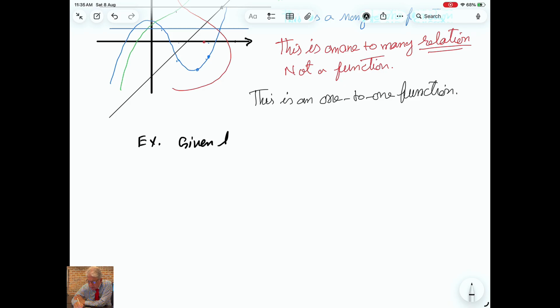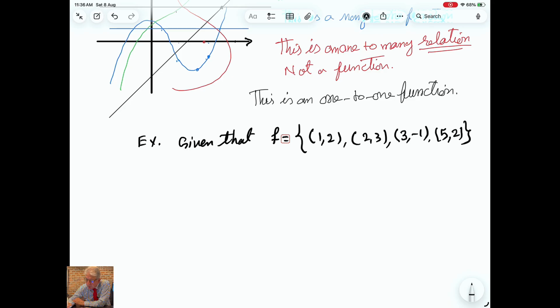Given that f is equal to 1 goes to 2, 2 goes to 3, 3 goes to -1, and 5 goes to 2. Is this a function?